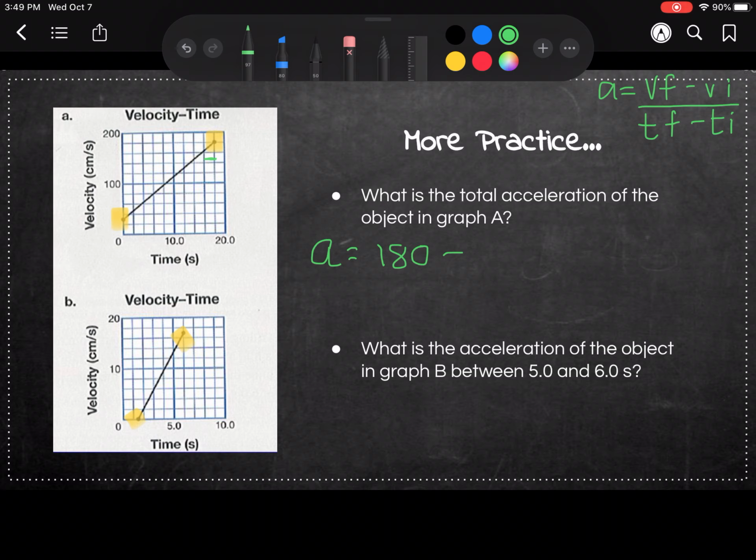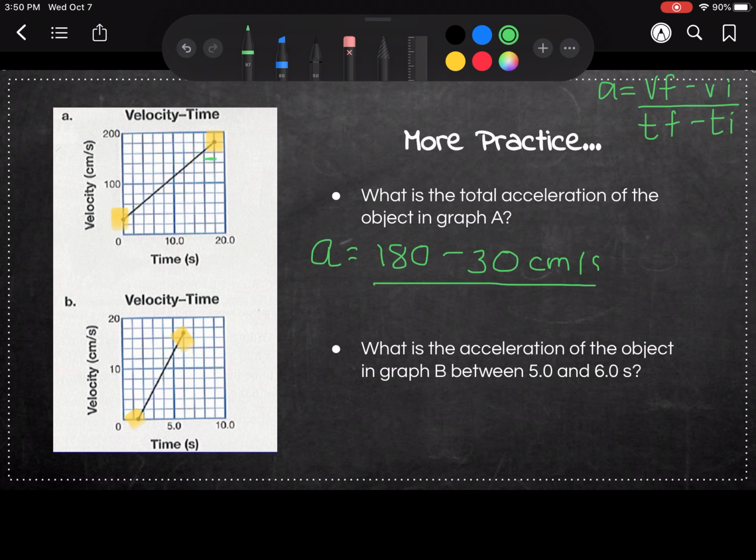Minus our initial velocity, which is not at 0. It is at, I would say, halfway between 20 and 40. So we're going to say 30 centimeters per second.